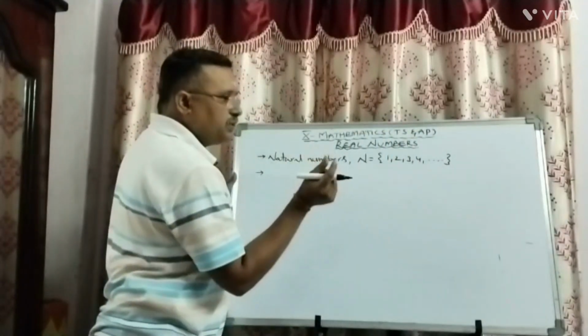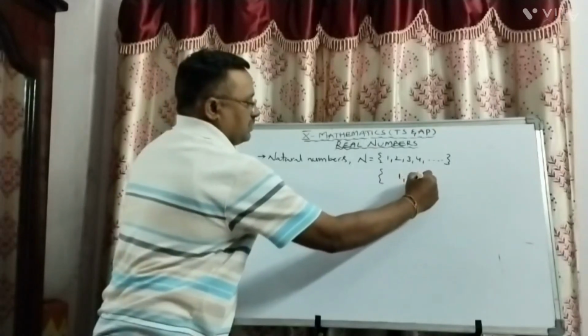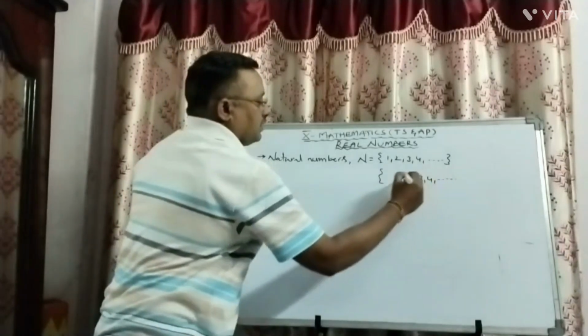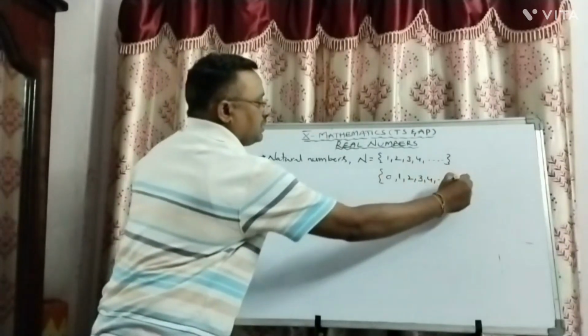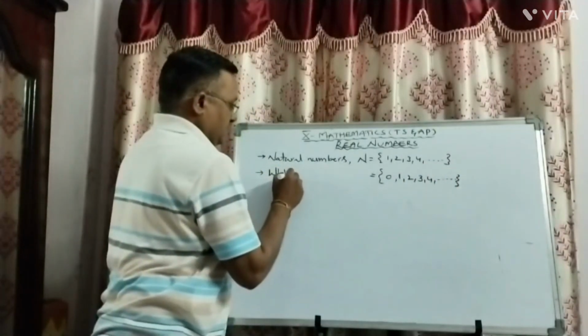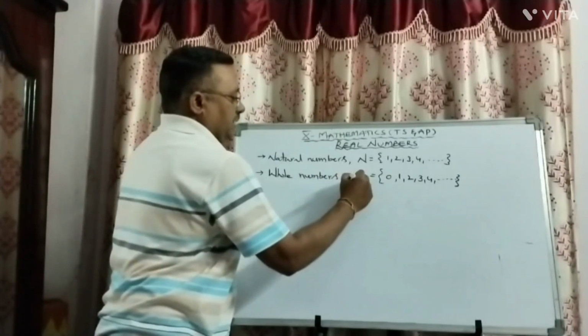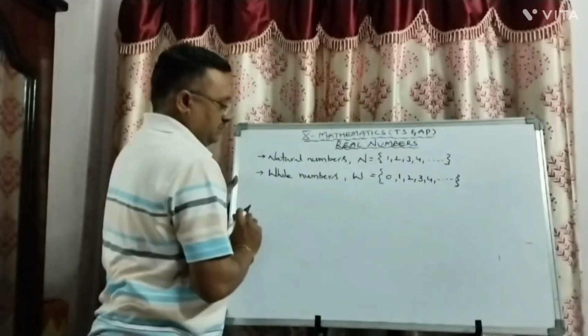If you include 0 to these natural numbers, it gives us a new set which is called whole numbers, denoted by the first letter W.